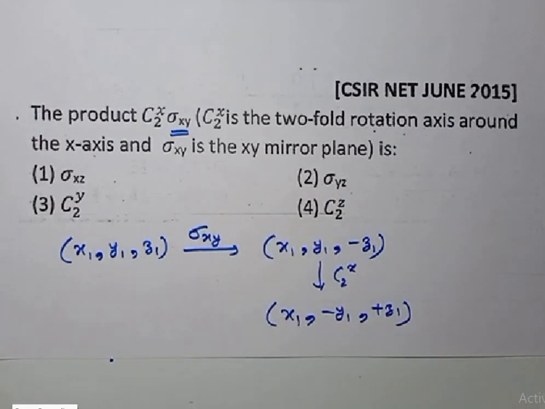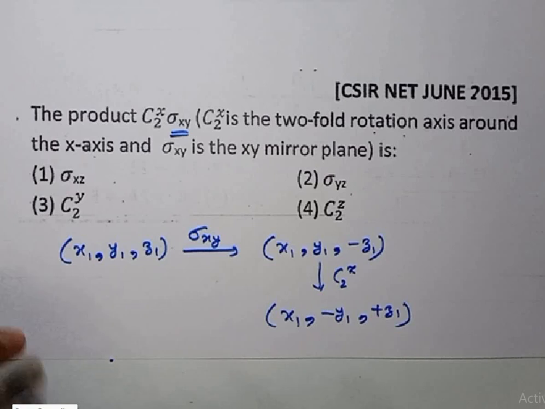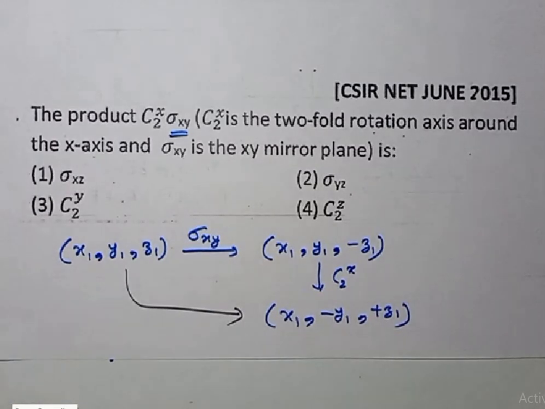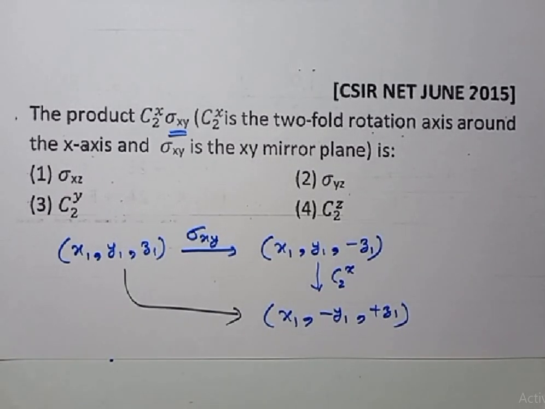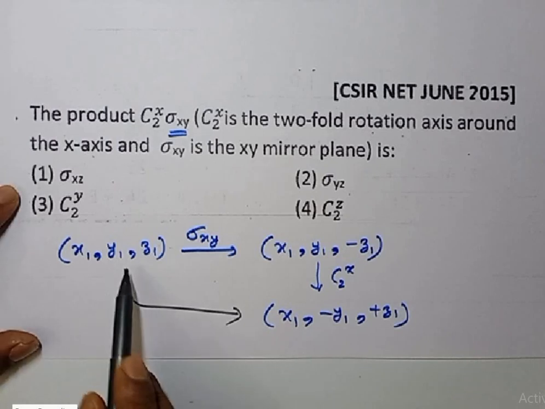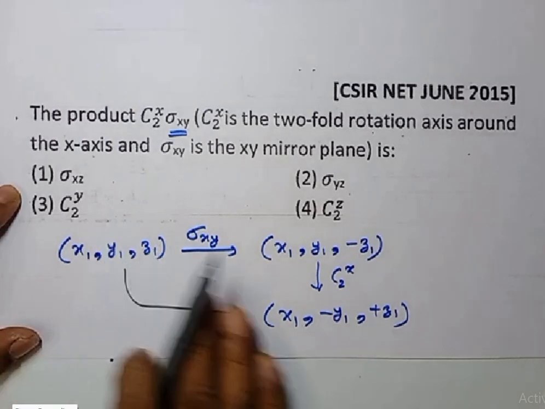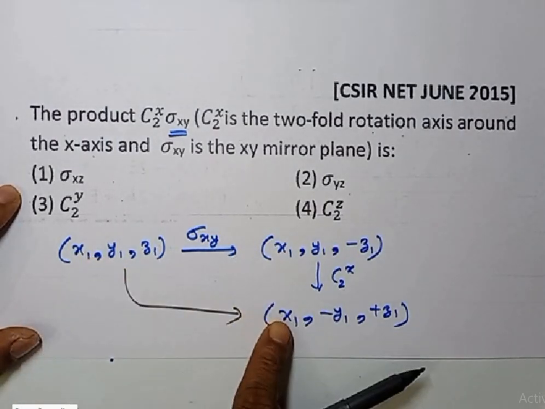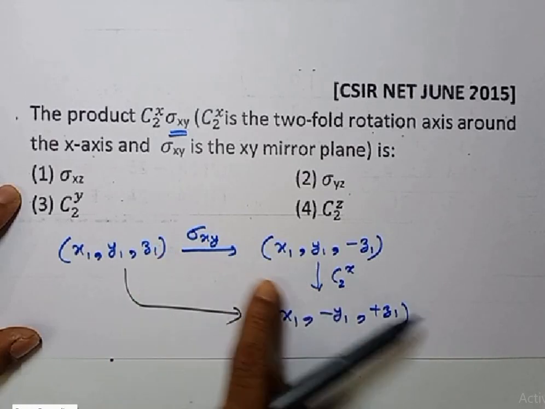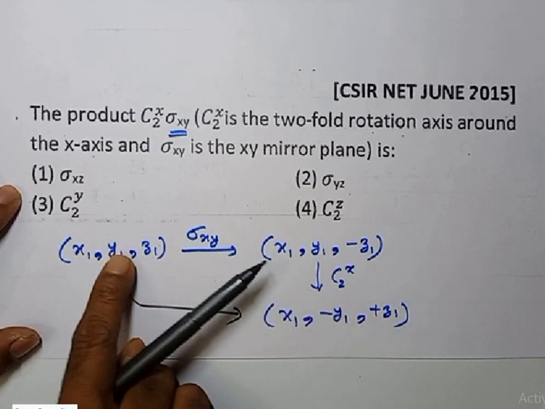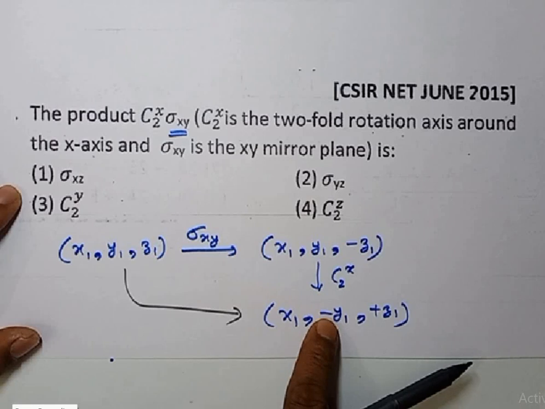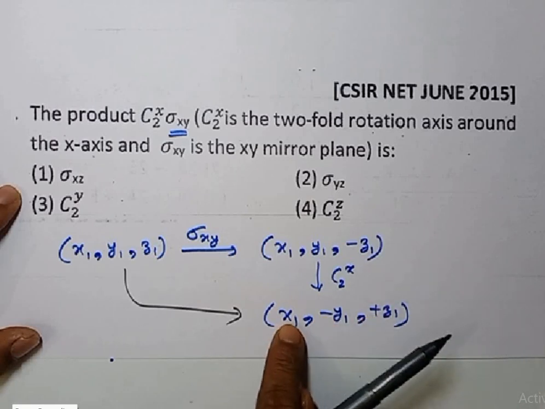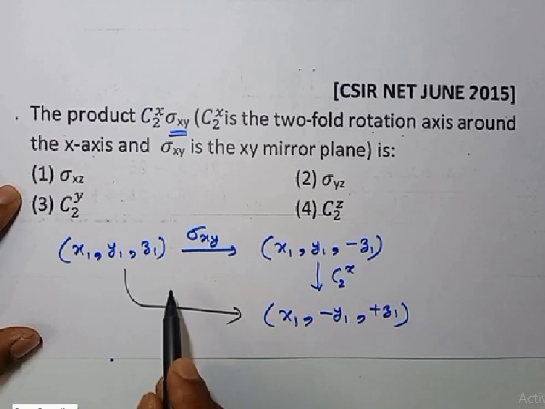Now tell me how to get this directly from initial one. Which operation will give this? Yes. So here if you analyze this and this, it is very clear that x1 remains as such, z1 remains as such, but for y1 sign is changing, which means you should keep a plane passing through x and z.